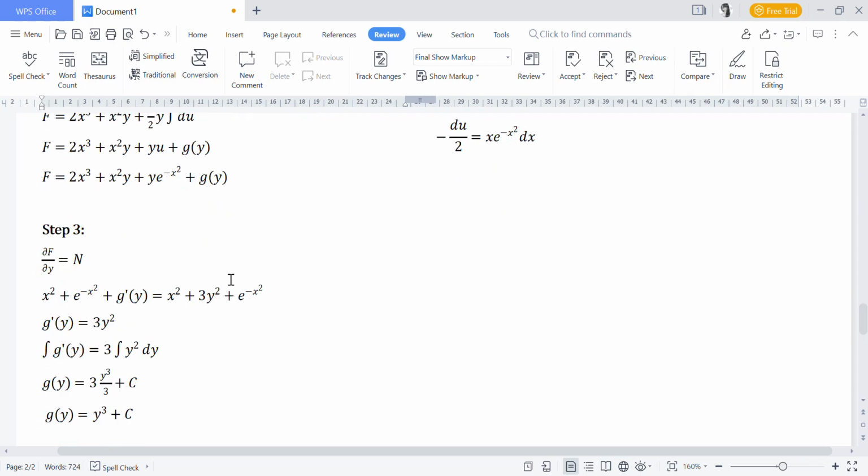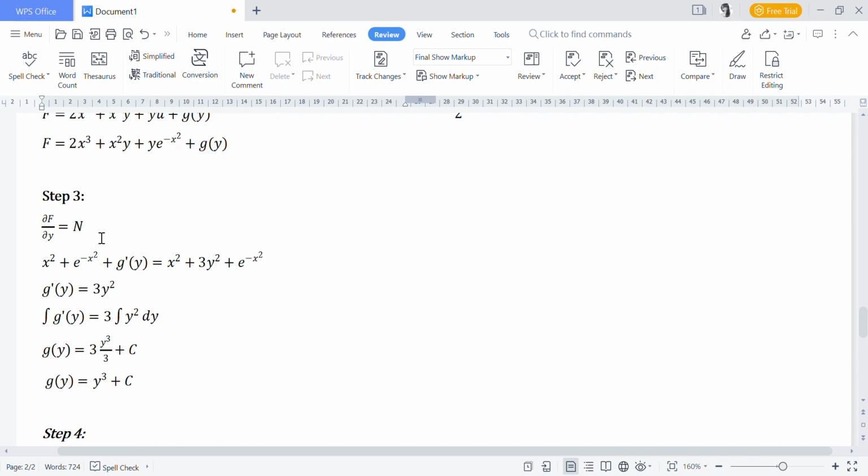Now we'll proceed to the next step, which is the partial of f in terms of y is equal to N. So we're just simply going to differentiate this equation in terms of y. Now we have x squared. We're going to differentiate this in terms of y.